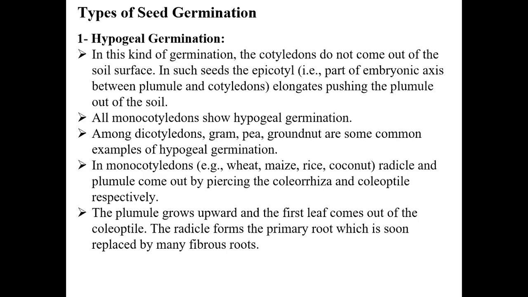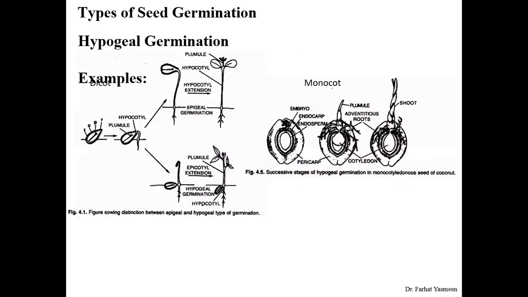In monocots, the radicle and plumule come out by piercing, by rupturing or breaking the coleorhiza and coleoptile respectively. Then the plumule grows upward and the first leaves come out on the surface.